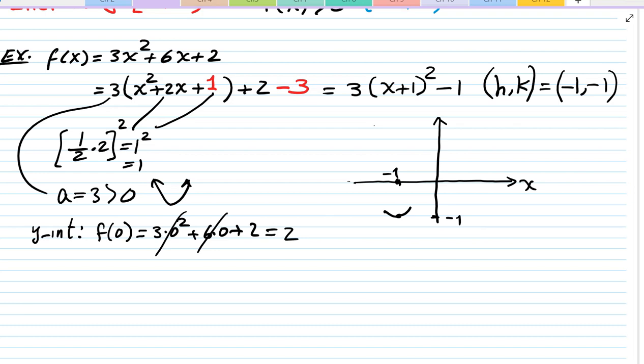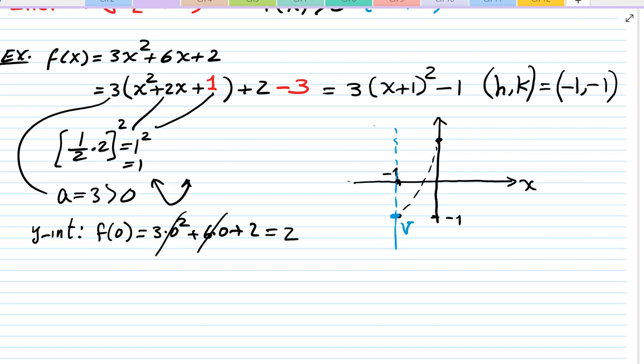So when x is 0, y is 2. Okay, so the parabola is going to have to go through that point, opening up. There you go, that's that branch of it. Remember, the axis of symmetry runs through the vertex. Because this parabola opens up, the vertex is the low point, the minimum.